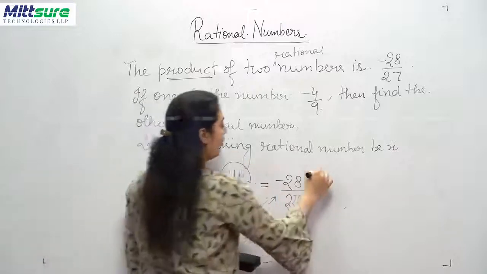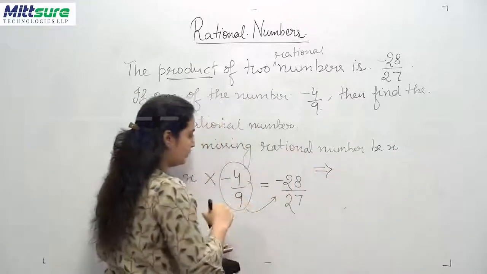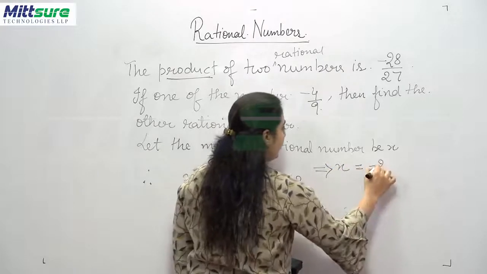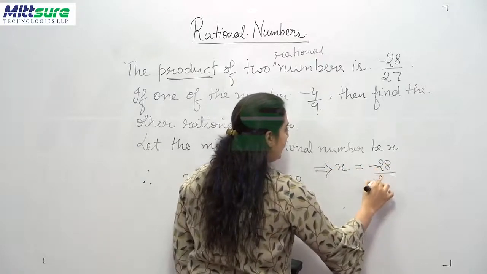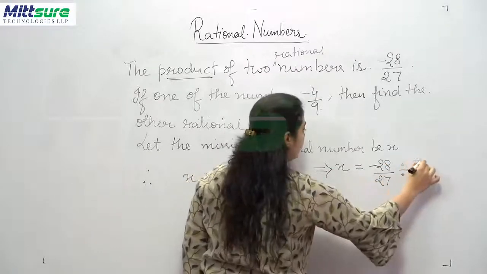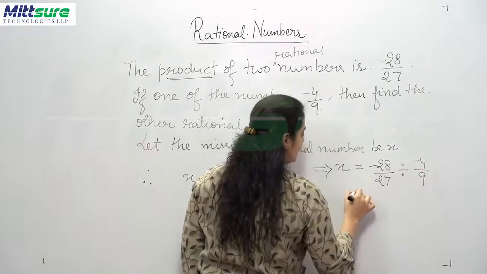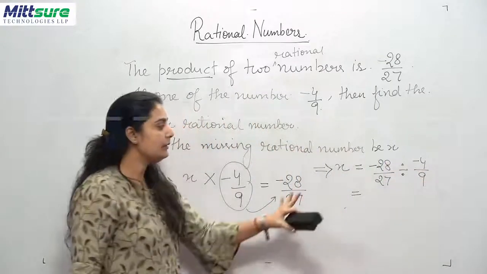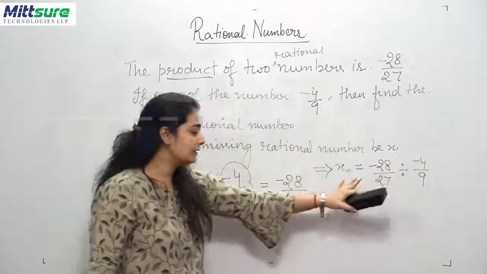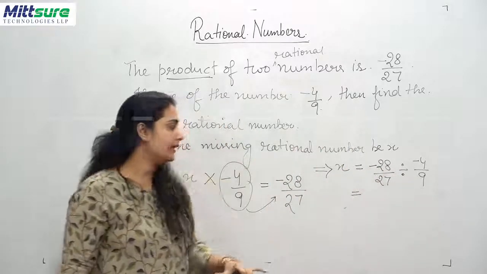Now, what will I get as my question? x is equal to minus 28 by 27 divided by minus 4 upon 9. So this is the equation which I am getting.